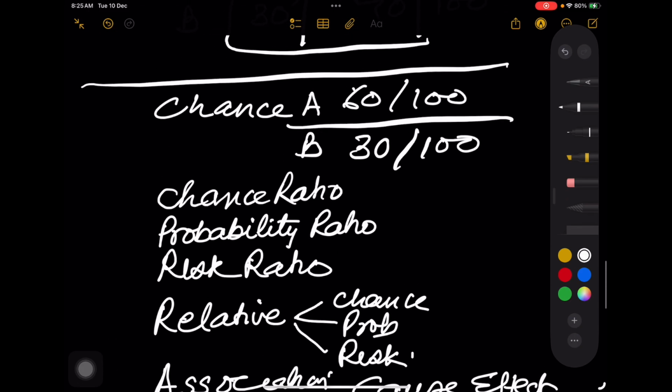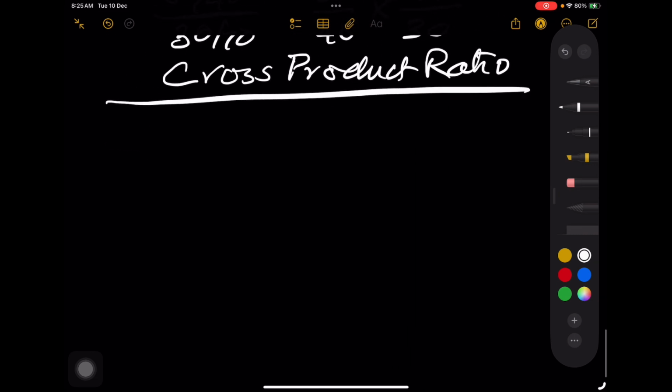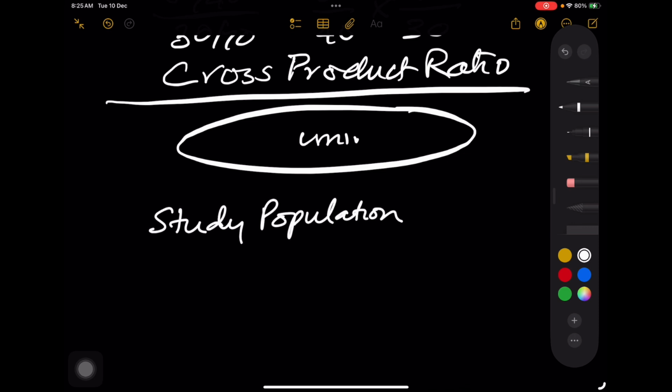Then you have done this association in a study population. So here is the universe, the whole universe. You have taken a sample of this universe as a study population, and you have determined the measure of association between cause and effect. That measure of association can be a risk ratio or an odds ratio.